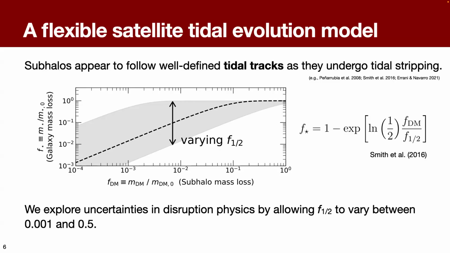This range is chosen to be quite conservative. It's very broad, but we expect that it brackets the true scope of f_1/2, and it's wide enough to encompass the range of disruption physics that's consistent with both what hydro models predict and these idealized models.